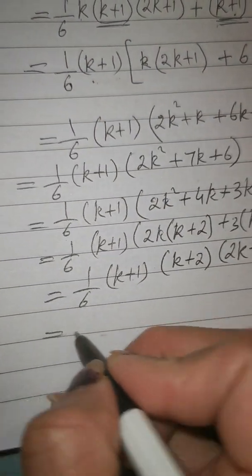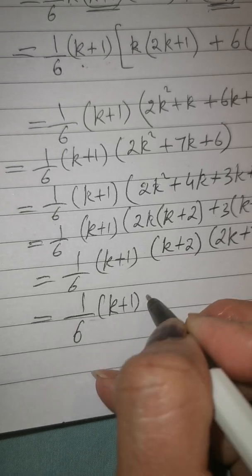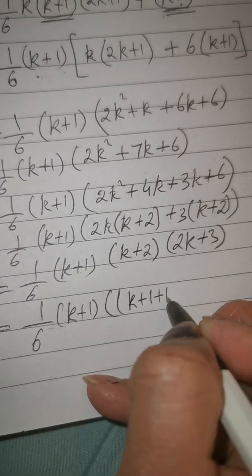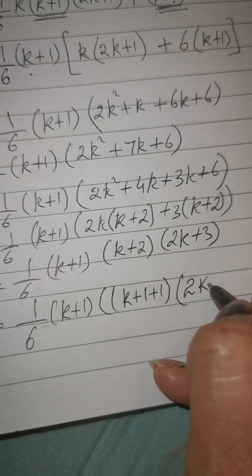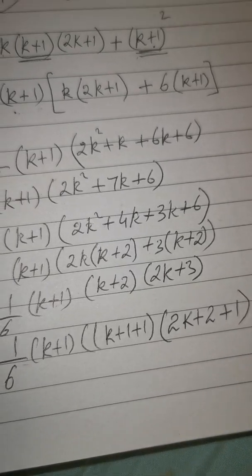Now I am going to manage this one in such a way: this will be k plus 1, and next will be k plus 1 plus 1, and next will be 2k plus 2 plus 1.